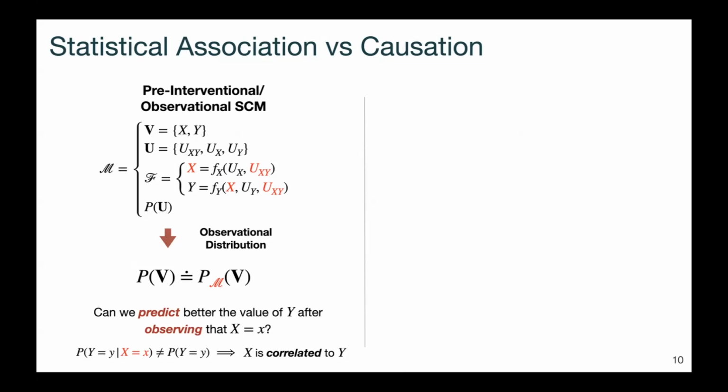Okay, and the correlation or the association between these two variables can be explained by these red parts here. It can be either because x is really a cause of y, so as an argument of the function, but it can also be due to something that we call a shared cause.